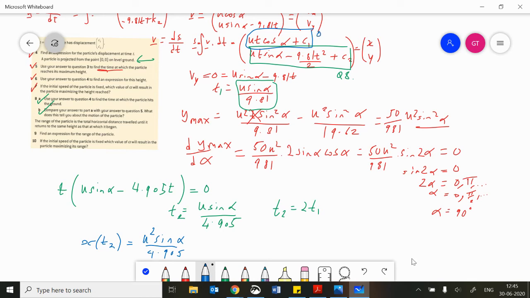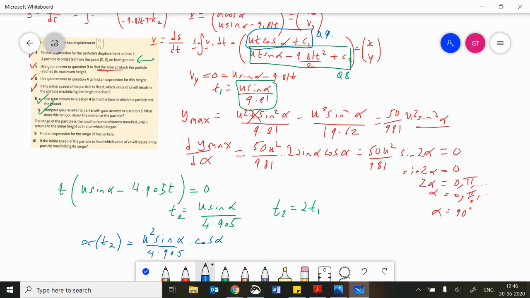This is question 9 we're using this for. I think we've done that now. Put in t2, we've done everything. Oh, we're missing cos alpha. So times by cos alpha. Okay, so that's an expression.